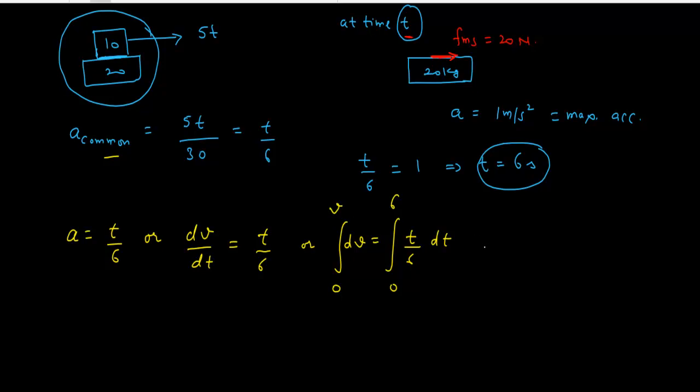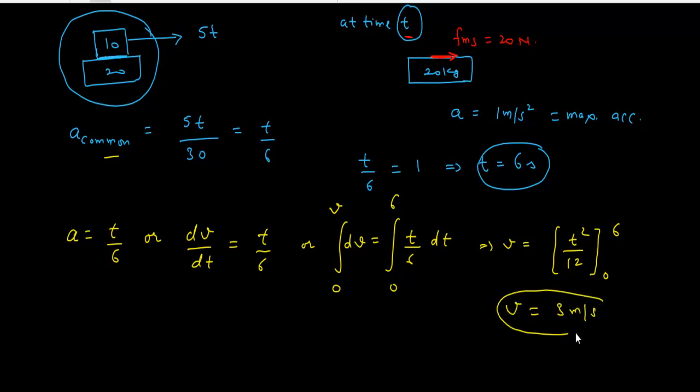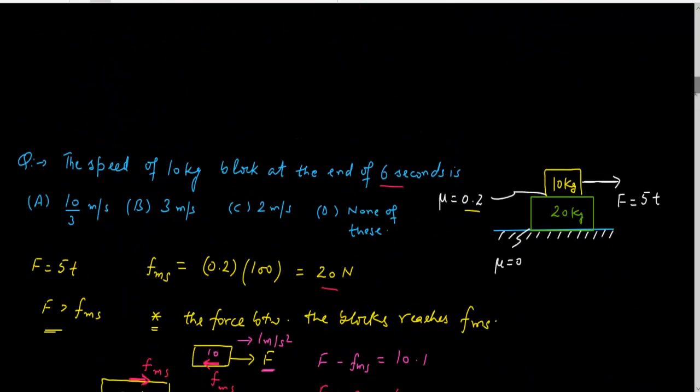So from here we can write v equal to t square by 12, and taking the limit from 0 to 6, we get v is equal to 3 meters per second. Clear? So the answer is B, 3 meter per second.